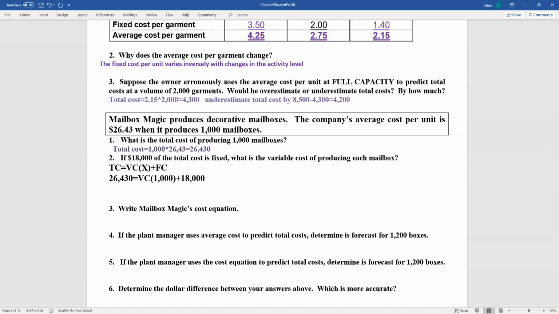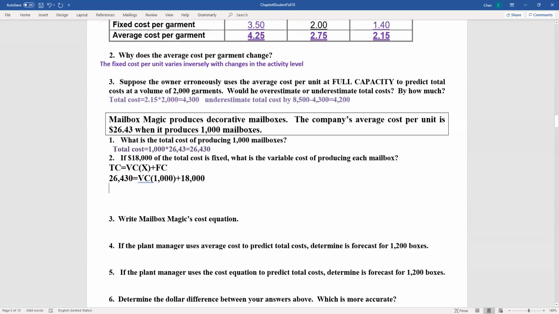All right. So if you want to derive this, you can see that VC times 1,000 will be equal to 26,430 minus 18,000, which is, let me calculate, 8,430, okay?